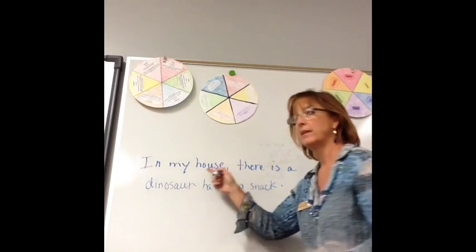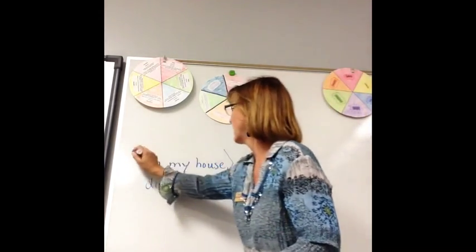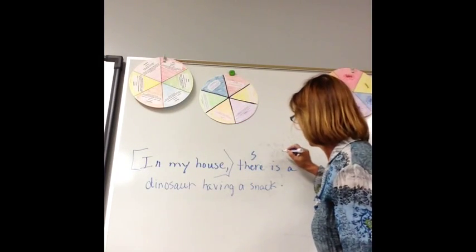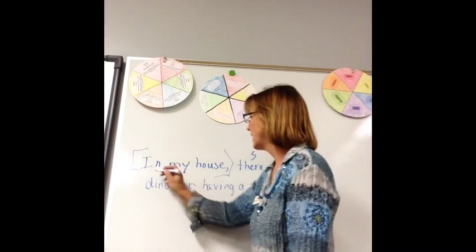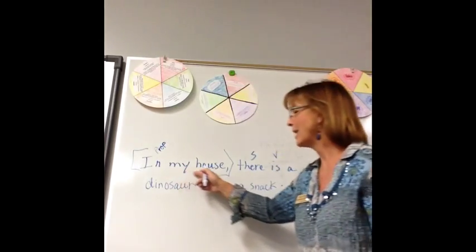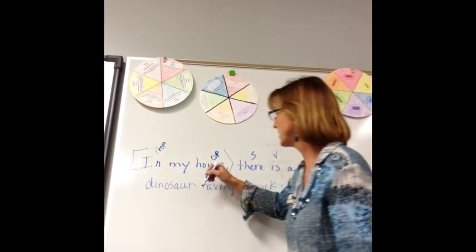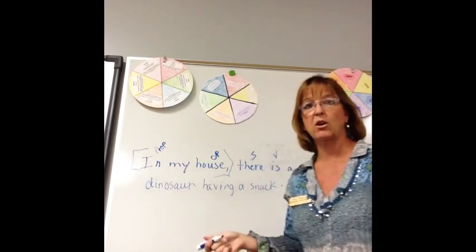Again, there's my comma. It's an extra group of words. I can bracket it out. Here is my subject. Here is my verb. There is a dinosaur having a snack. In is a preposition. I don't have a verb. This is my object of the preposition. It's my noun, but I don't have a verb, so this is a phrase rather than a clause.